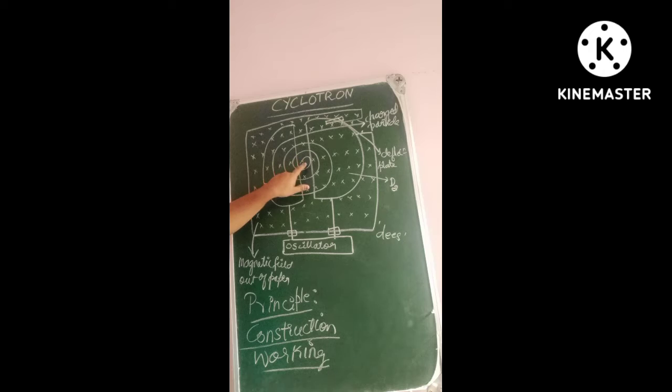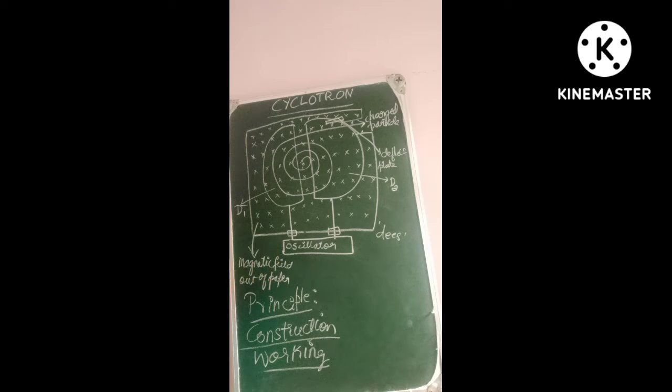The particle is accelerated by the electric field across the gap here. They move in a semicircular path in one of the Ds, D1 and D2, and they arrive at the gap between the Ds in the time interval T/2, where T is the time period of revolution.